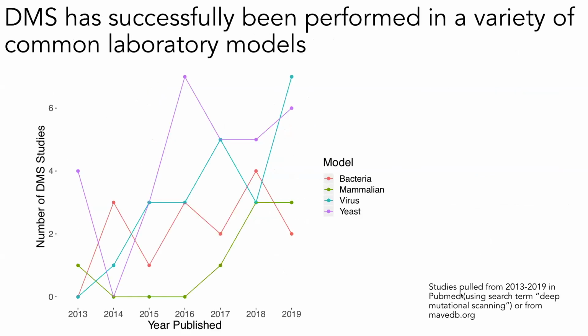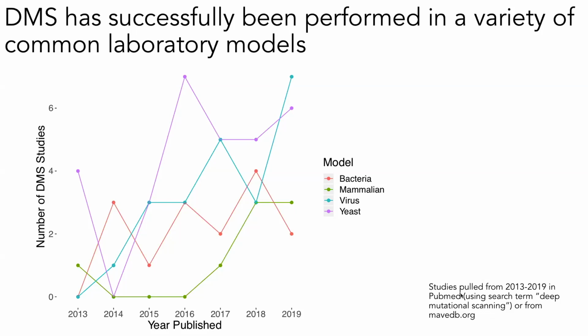So here in this figure, I'm just plotting the number of DMSs by year that have been completed that I pulled from PubMed, and this is definitely not a complete list. But I've colored them according to the model organism that they were performed in. And as you can see here, the diversity of DMSs that have been done have also been performed in a wide variety of model systems.